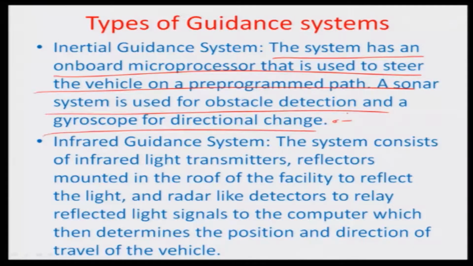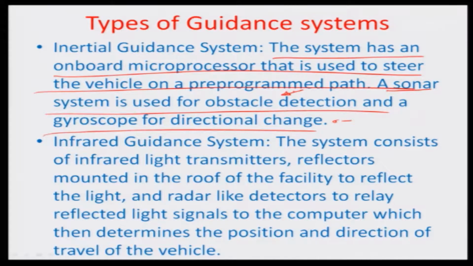So typically in this category, a sonar sensor is used for performing the obstacle detection. A control algorithm is used wherever there is a reflected wave coming from an obstacle, and it tries to direct the vehicle into a different track.